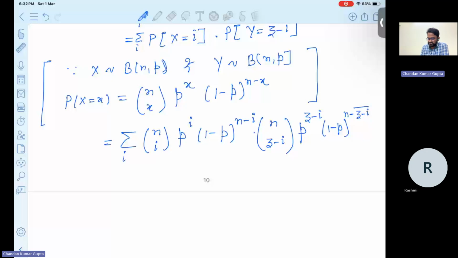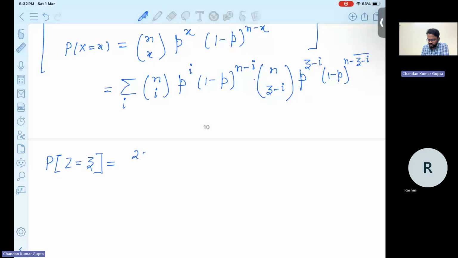I'm going to write the final version: it is actually 2n C z, p to the power z and 1 minus p to the power 2n minus z.